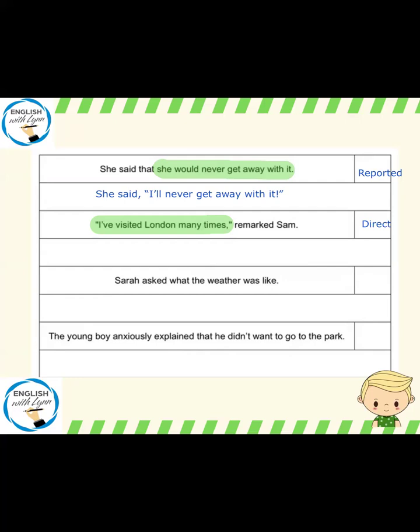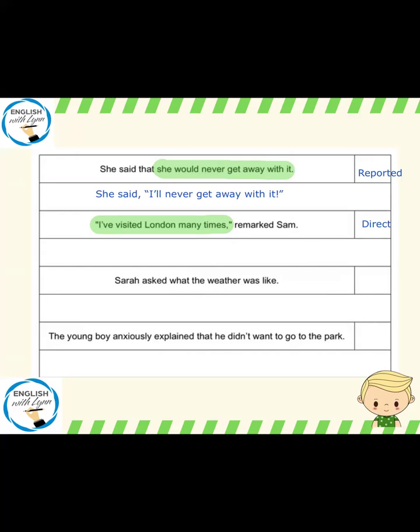Now, to turn it into the reported speech or indirect speech, I am going to put the Sam remarked at the beginning. And then I am going to change my tense because he said, I have visited London. So I'm going to change my tense to had visited, so it's in the past tense. I'm also going to change my pronoun from I to he.